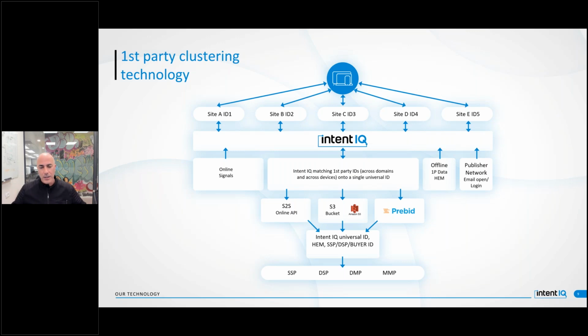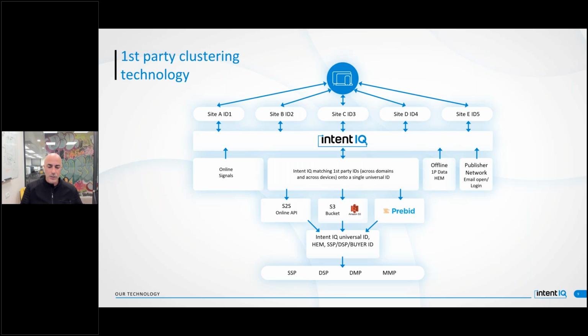And beneath that part, we have the ability of transporting this information through different channels, whether it's Freebid, whether it's S3 bucket or server to server. The common denominator for all of them is the ability to take from one first-party ID to a single universal ID, and from there to any billable currency.